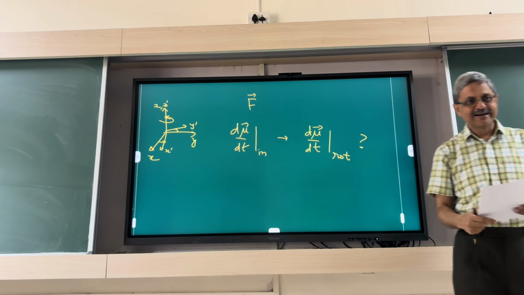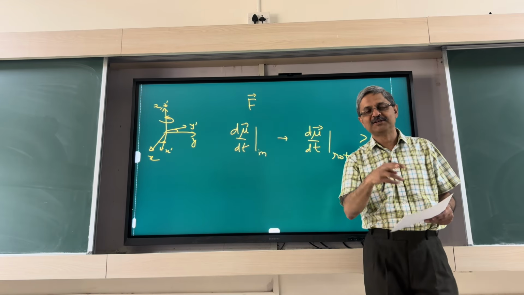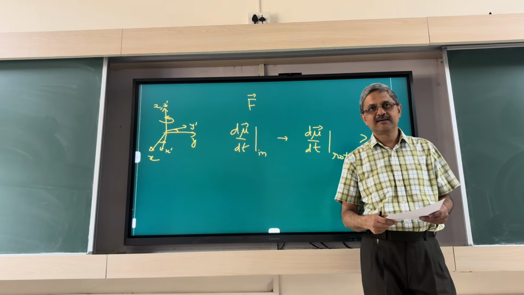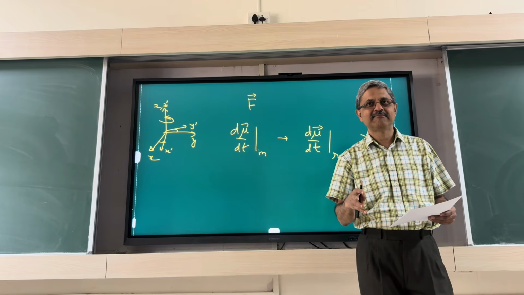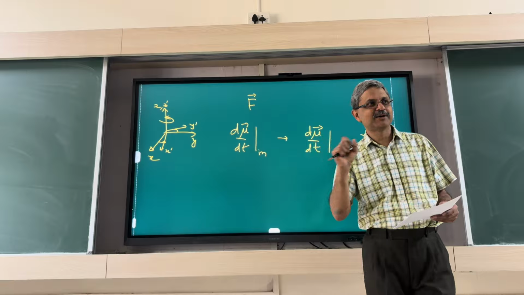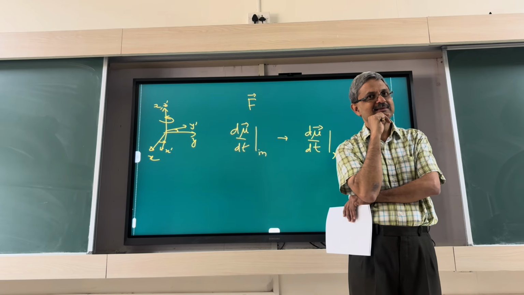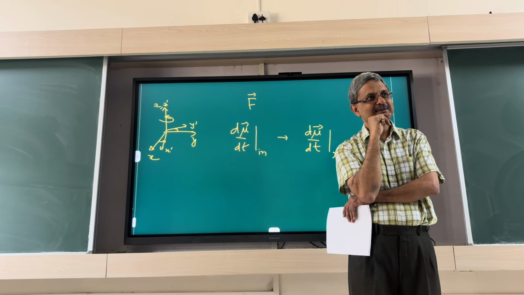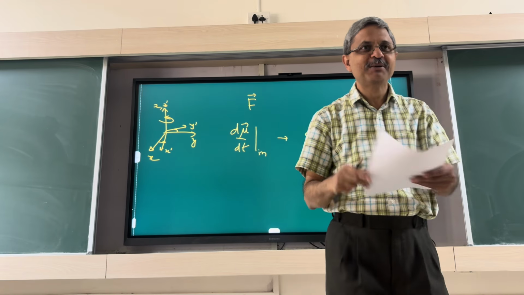So for the usual rotating motion, vector r, if you are looking at dr by dt in the rotating frame versus the inertial frame, what will be the correction factor? Angular velocity, so omega r will be the correction.